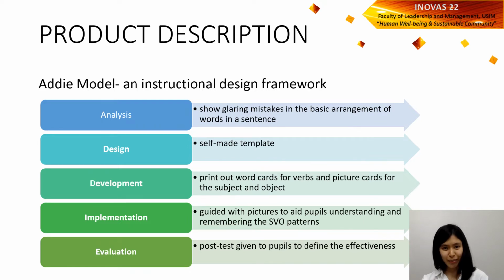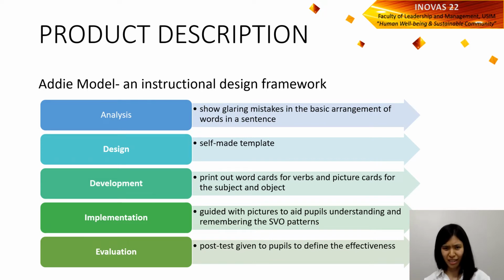The first step taken is analysis, where my group members observed that our Year 3 pupils made glaring mistakes when they write sentences.